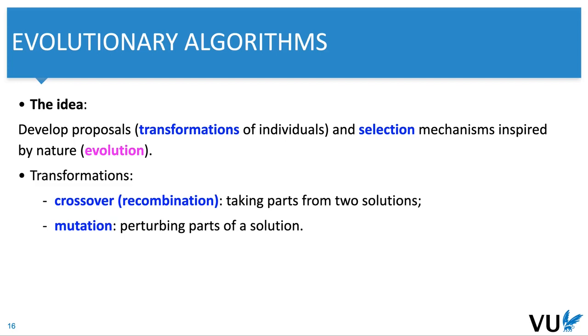And the transformations that are used in evolutionary algorithms, we can mainly divide into two groups. So one group is the so-called crossover or recombination. So we select two candidate solutions, so-called parents, and now we exchange their information in the sense that, for instance, we cut two vectors in half and we exchange these halves to create a new child from these two parents, new candidate solutions.